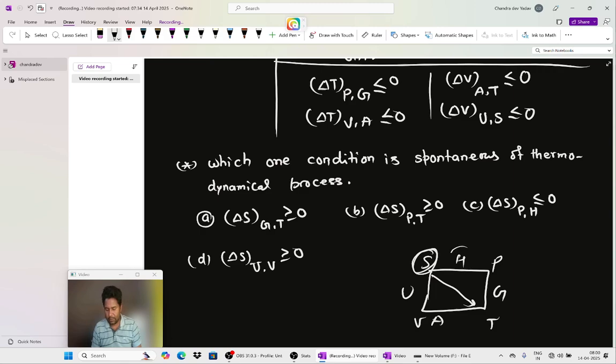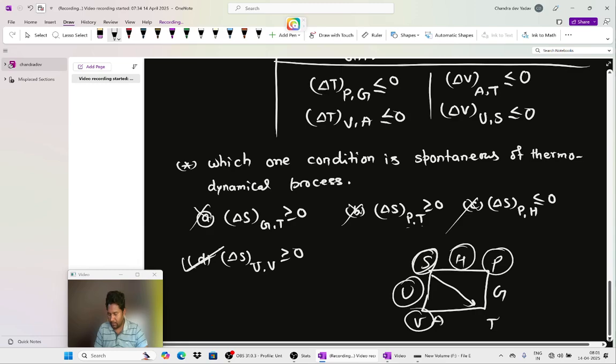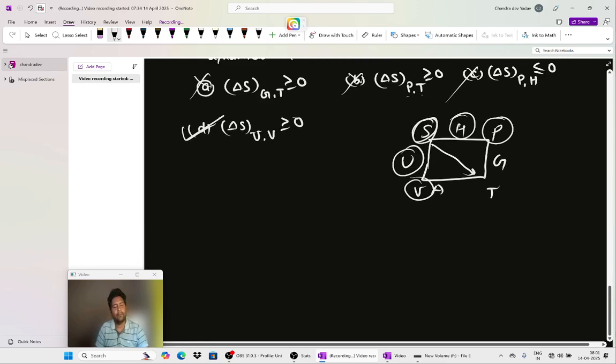Only two conditions: enthalpy, pressure, internal energy, and volume should be constant. So this one is correct. Here entropy is less than 0, so it is incorrect. And pressure and temperature are not variables of entropy, so this is also incorrect. Only D is correct. The question is based on this spontaneity. It can be asked in the examination.